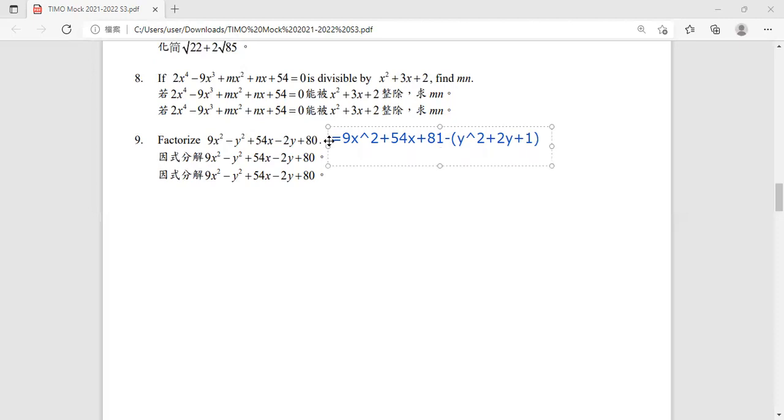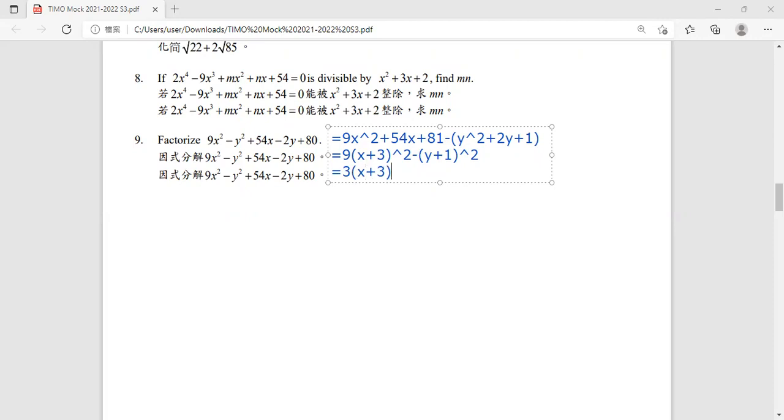Now what can I do here? You can take out a 9, which means that this is 9 times (x plus 3) squared, minus (y plus 1) squared. Now you can see that it is something squared minus another thing squared. It is the difference of squares, so just use the identity.